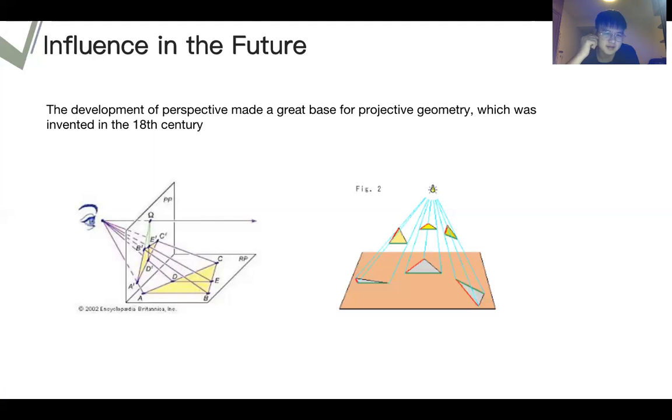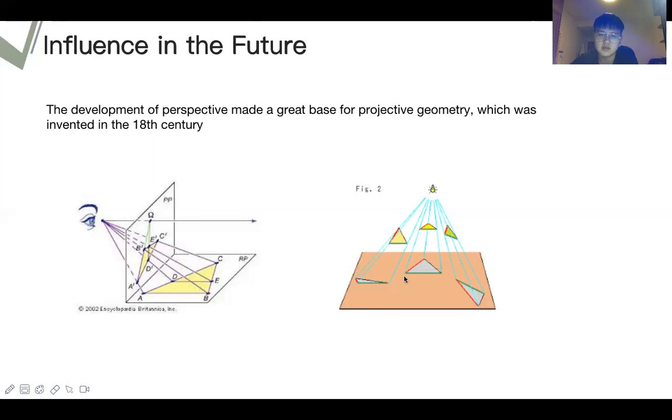This might sound a little bit abstract. Let's look at the picture on the right. It's more direct. It just replaced the eye with a lamp, and it has many light lines passing through those triangles, and they have some shadows on the same plane.